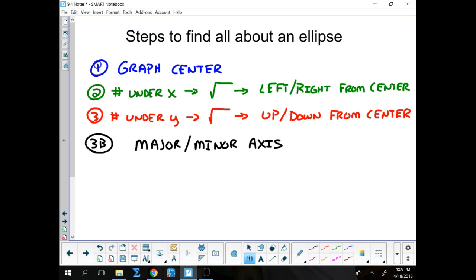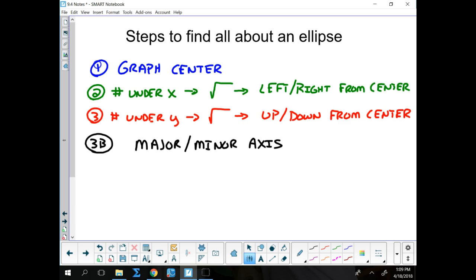Why is it important for us to determine which one's the major and which one's the minor? Foci. Yep, exactly. The major one is important to identify because it has the vertices and the foci on it.